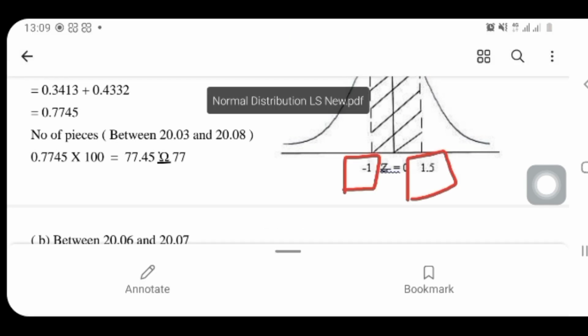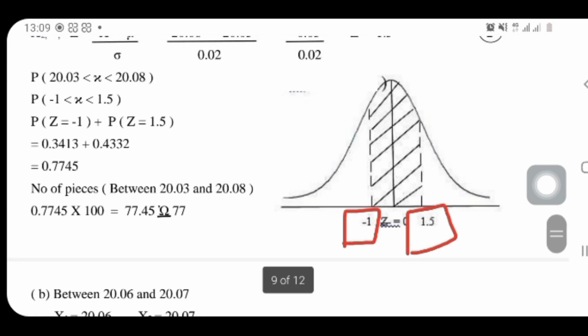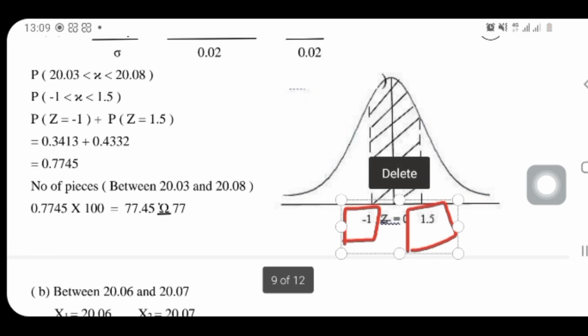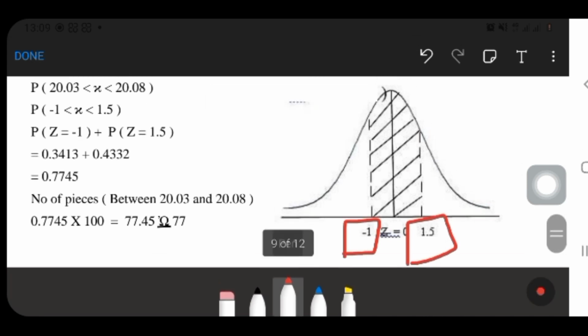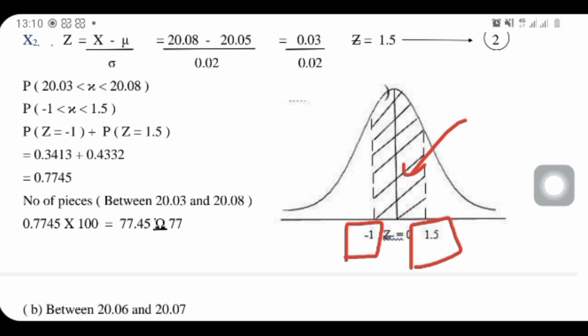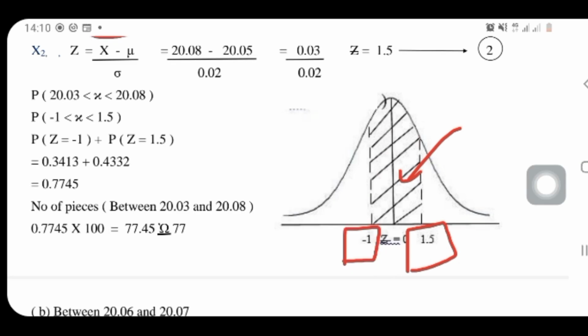Then we have to find the part shown by the strips between these two values, because we want to find the probability between these parts. Then I can find the probability between 20.03 and 20.08 by taking the sum of these two parts.